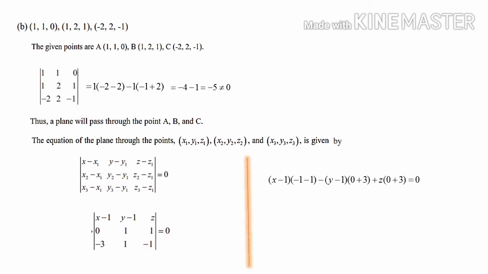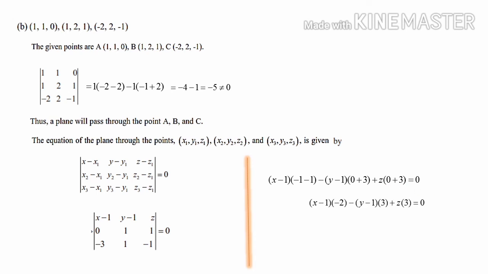Next, let's expand it. (x minus 1) into (1 into -1), that is -1, minus 1 into 1, which is -1 again. Minus the second term, (y minus 1) into (0 into -1 is 0, minus 0 into -1 is 0), minus into minus plus 3 into 1 is 3, so 0 plus 3. Plus the third term, z into (0 into 1 is 0), minus into minus plus 3 into 1 is 3, so 0 plus 3, equal to 0.